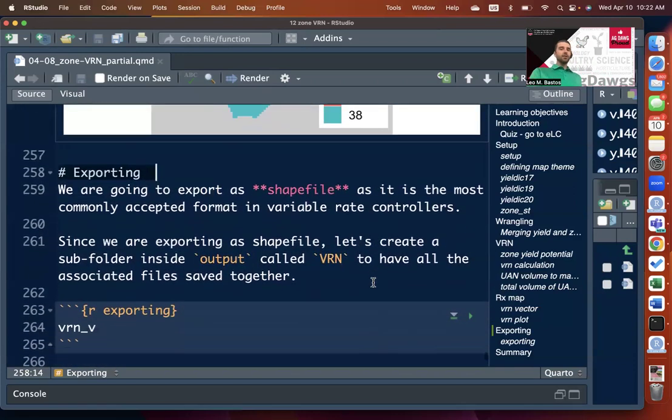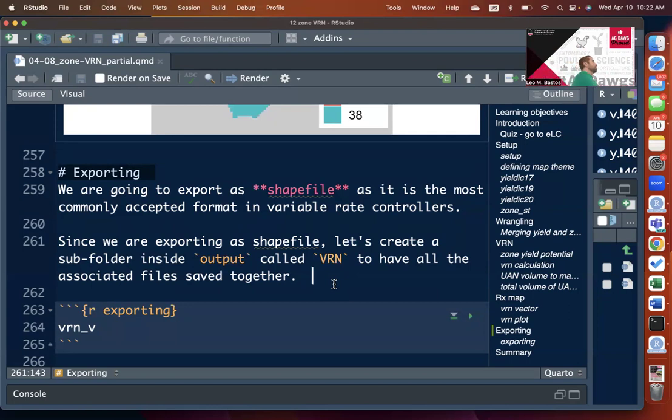So the last thing here is, if your goal is to actually apply this variable rate map or recommendation that we just created, we have to export it. And this is going to be the first time that I'll be telling you to export this as a shapefile. When you are working internally, by yourself, or maybe with a colleague that understands what's being done, GeoJSON is really helpful because it keeps your files to a minimum.